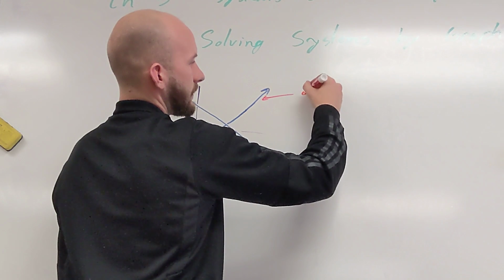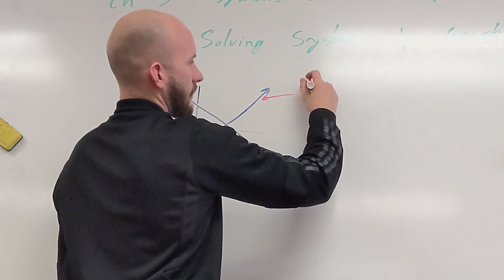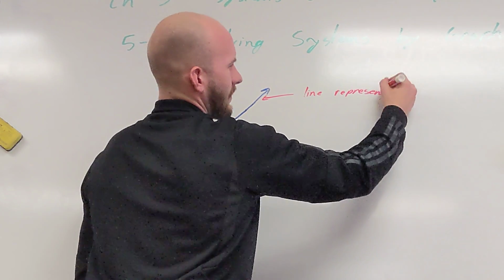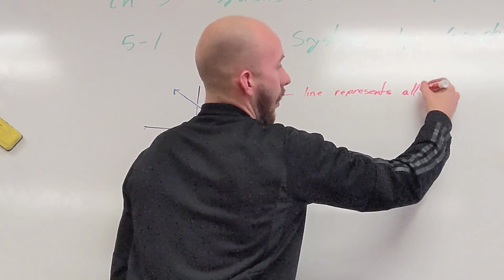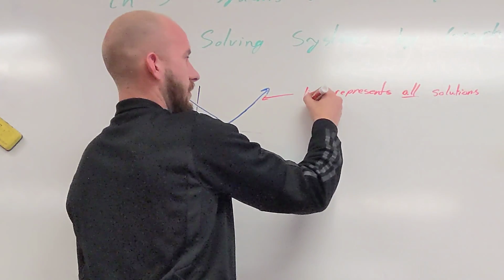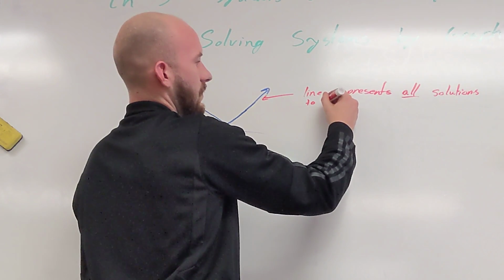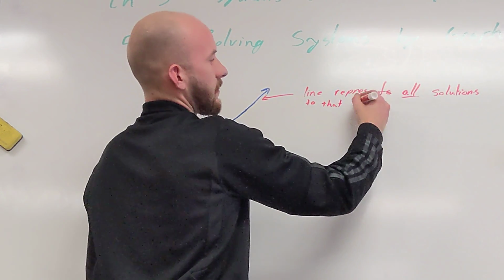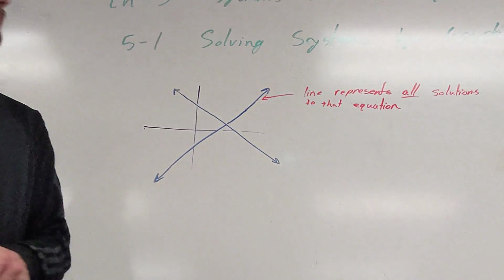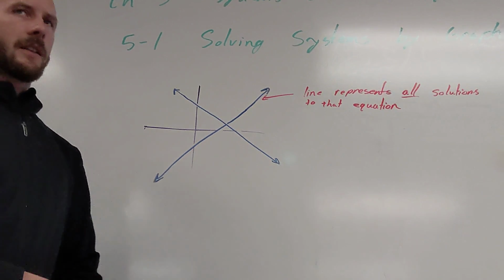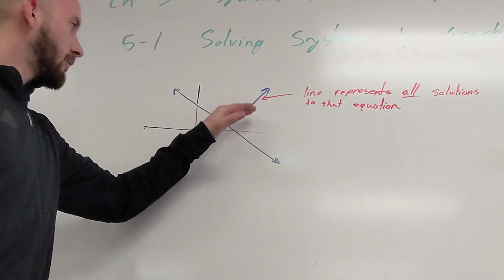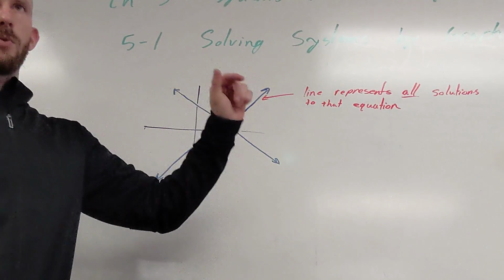So I'm just going to put, the line represents all solutions to that equation. And that's kind of like what I showed earlier. I had that equation, we found all those ordered pairs, and then if you graph it, it's that line. So each ordered pair on that line is a solution to that equation.